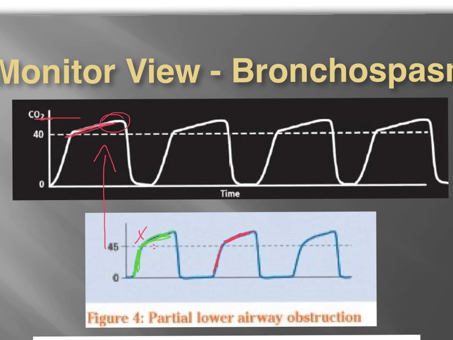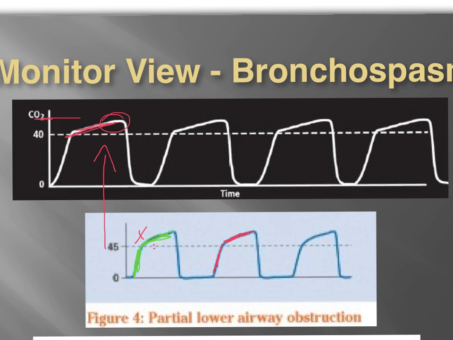So not only do we look at the waveform shape in this process of bronchospasm, but we have to look at our height, i.e. our numbers. Okay, if we have a waveform that's getting better and our numbers are leveling off, then we may be making progress.